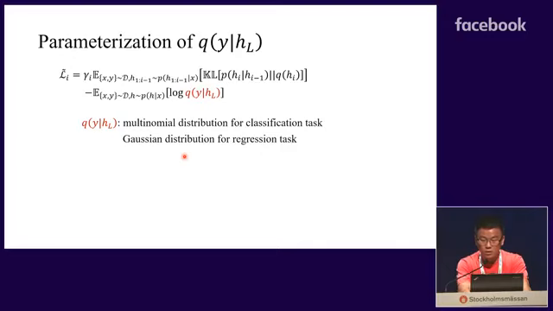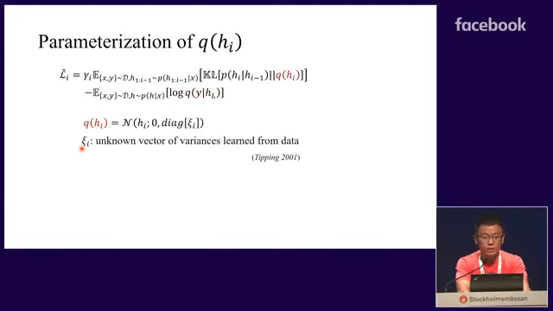The definition of Q(Y|HL) is quite simple. It is a multinomial distribution for classification tasks, which gives a cross entropy loss, and a Gaussian distribution for regression tasks, which gives a Euclidean loss. We define Q(Hi), which is a variational prior of Hi, as a Gaussian distribution with zero mean and a learnable covariance.